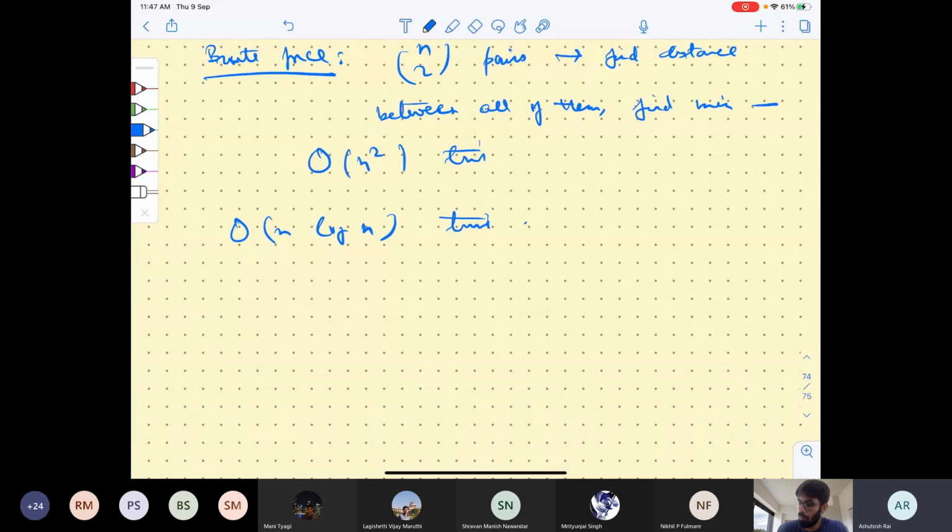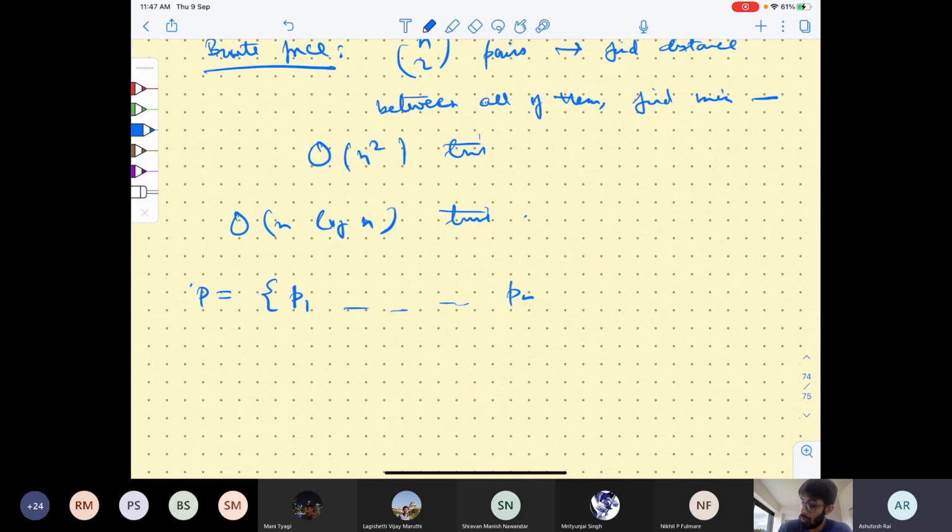Let's make it slightly formal. What is the input? The input instance is P equal to P1 to Pn, the given set of points, and Pi is (Xi, Yi).